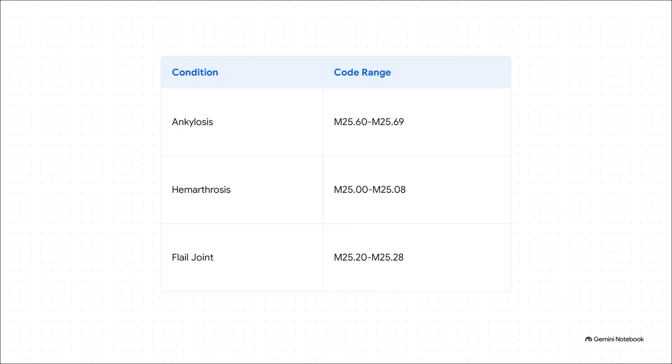Next, we have hemarthrosis, M25.00 to M25.08. That's active bleeding into the joint cavity, frequently seen with acute ligament tears or bleeding disorders like hemophilia. And finally, there's the flail joint, M25.20 to M25.28. This represents a complete, absolutely devastating loss of joint stability and function, often following massive trauma or a failed joint replacement.